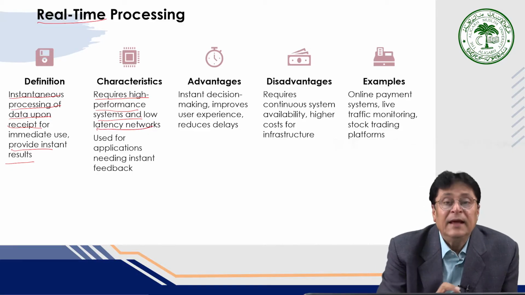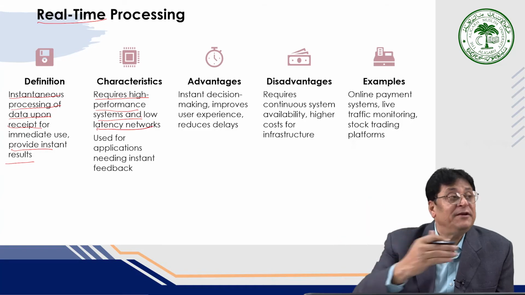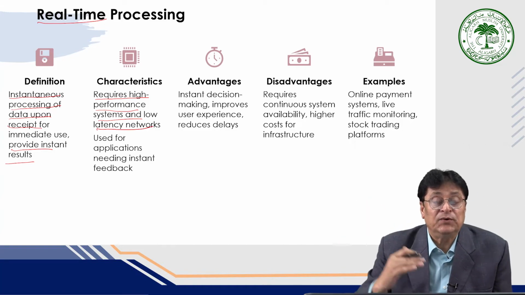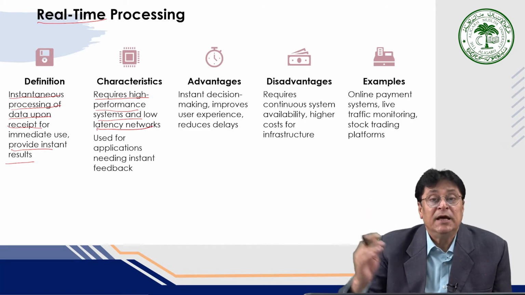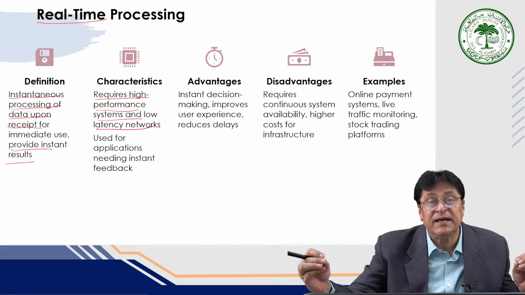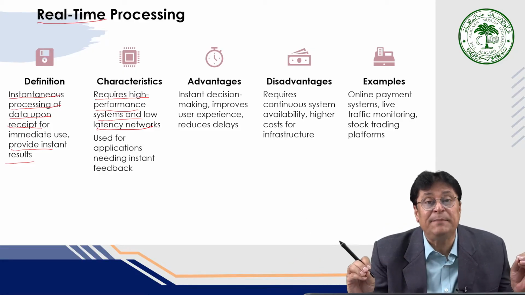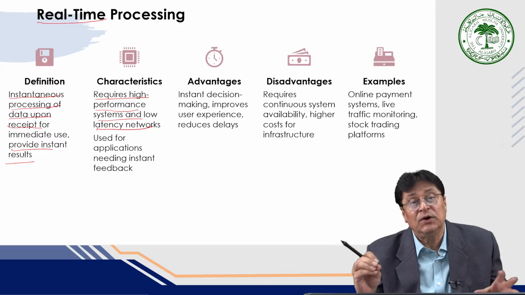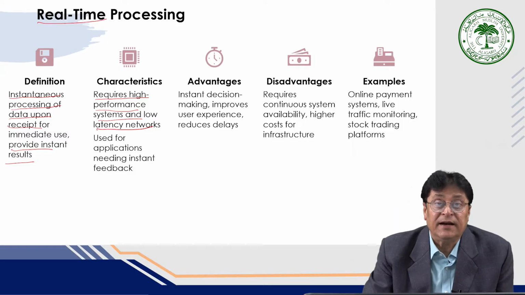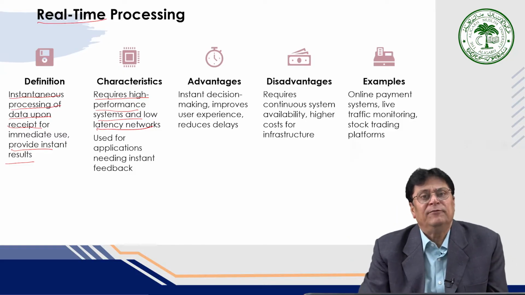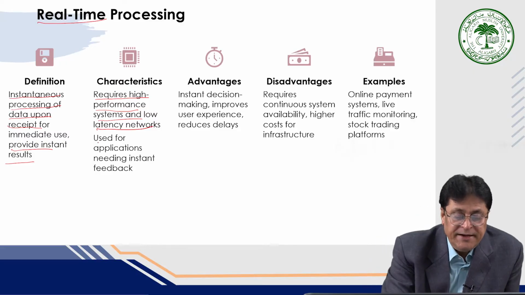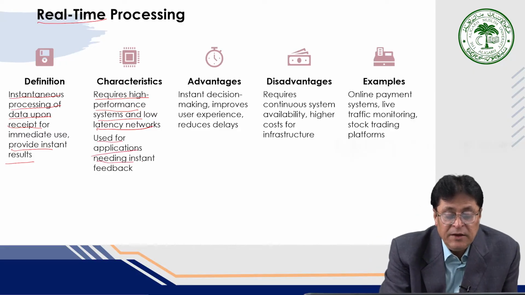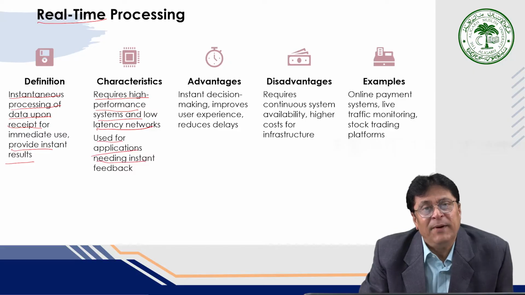And as such data may be coming from different sources, so from connected sources, these connected sources are connected via some medium, whether wired or wireless. So whatever medium is there, the latency should be very, very low, and it is used for applications which need instant feedback, right?